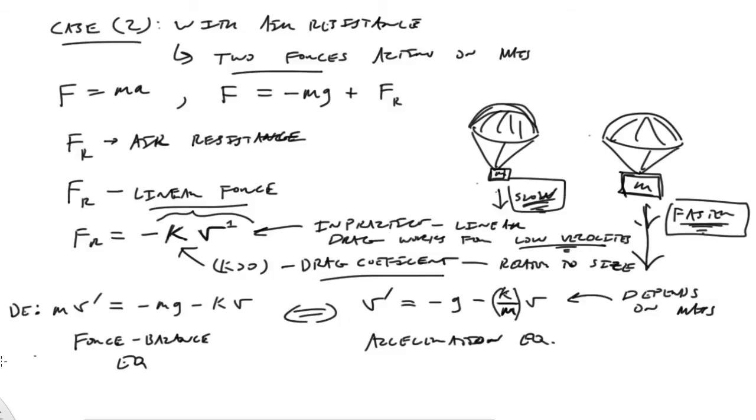So now let's go through it again. We have, just as before, v at time 0 equal to our initial velocity. So let's now solve this equation. Of course, this is a first order linear equation. We have v prime equal to negative g minus k over m v.